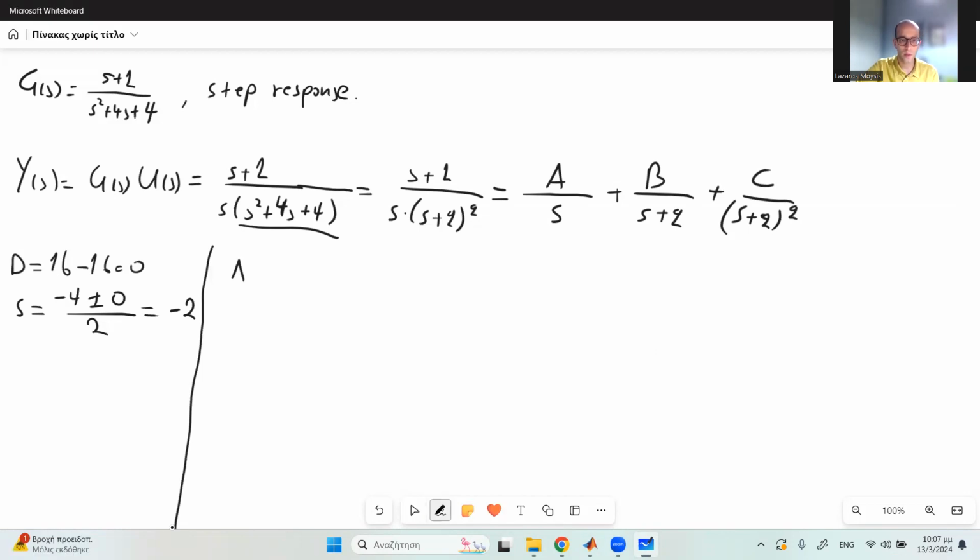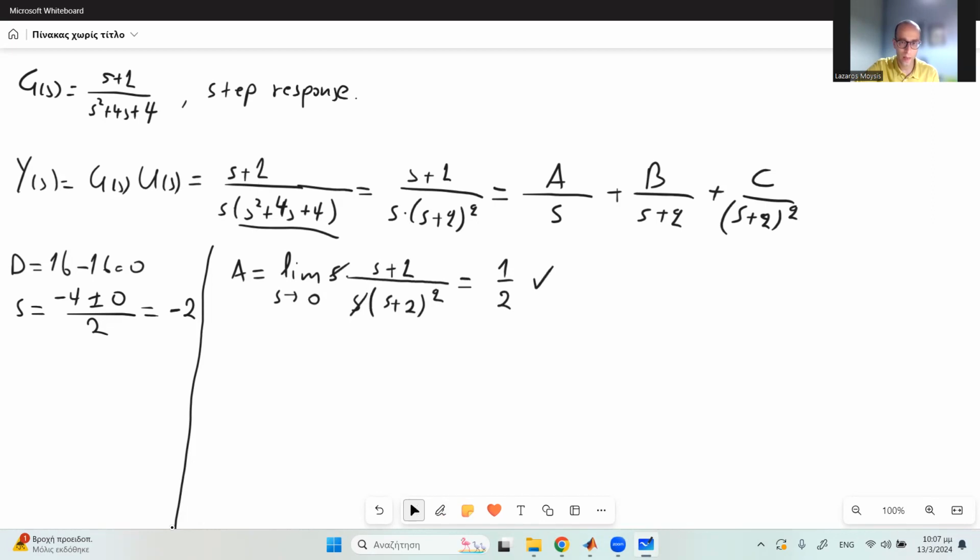For A, things are very easy because we have already done that. It's the limit as s goes to 0 of s multiplied by this whole rational function, having 1 over 2.